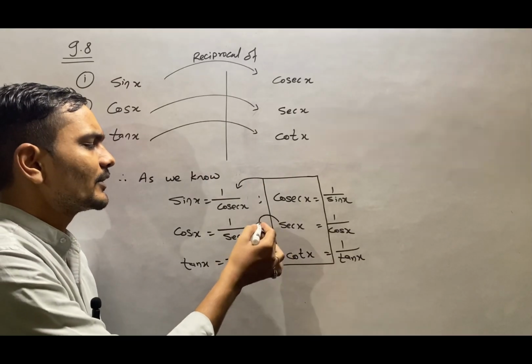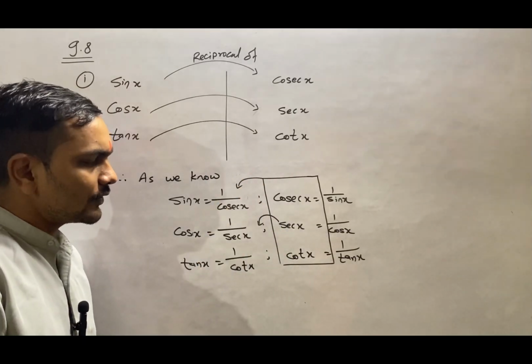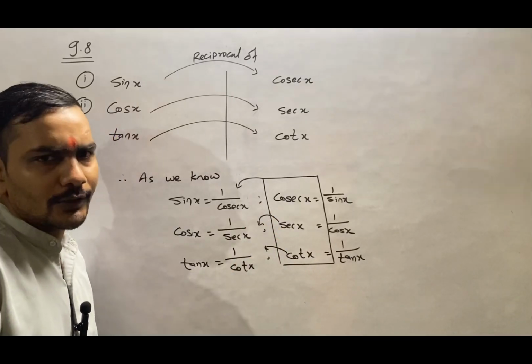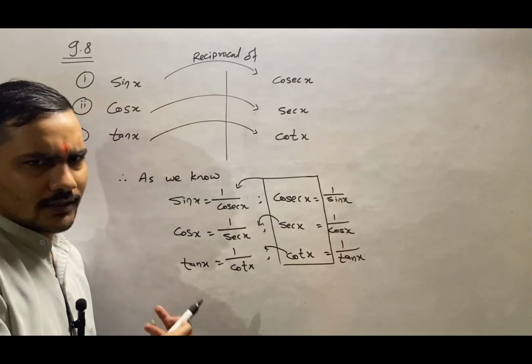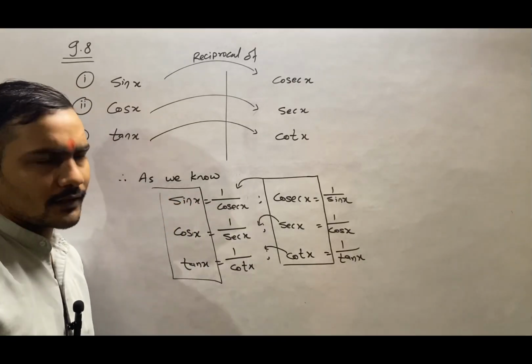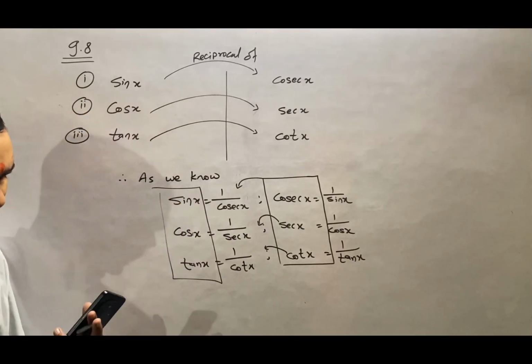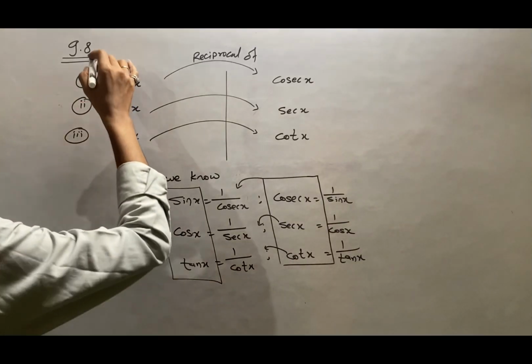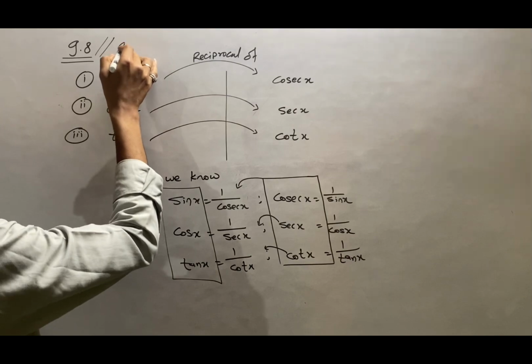If we have sec, then we will convert into cos, and if we have a cot, then we will convert into a tan, and then we can solve the basic simple three functions. Okay, so 9.8 is similar to 9.6.